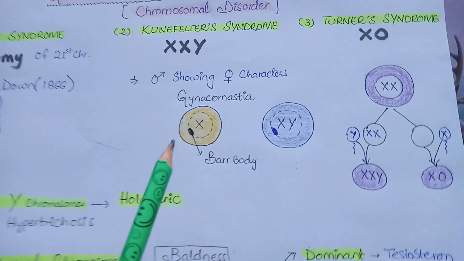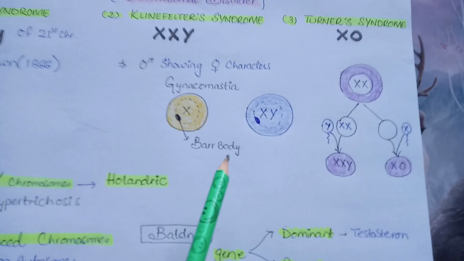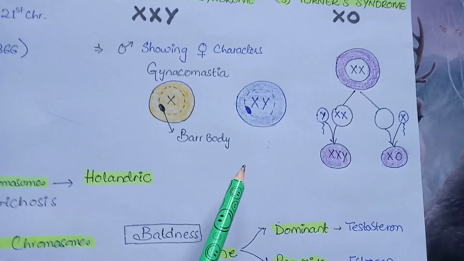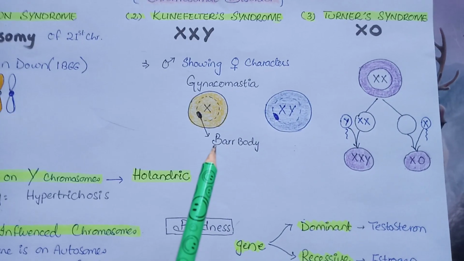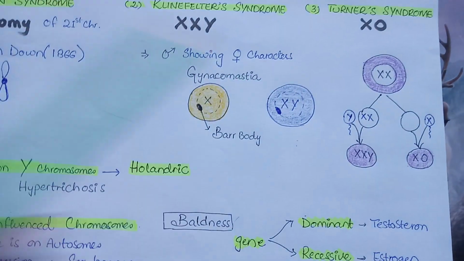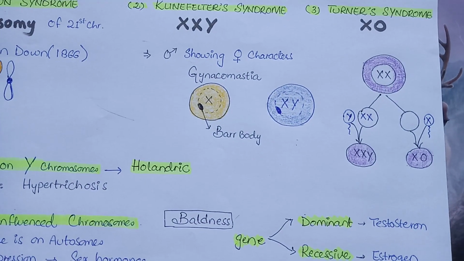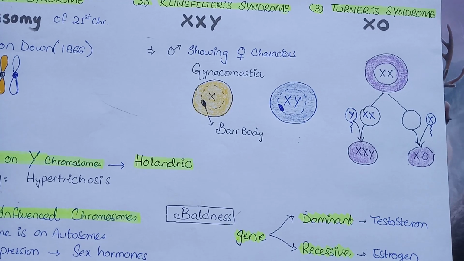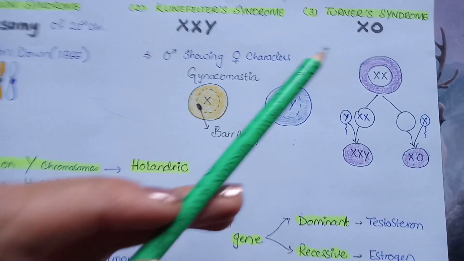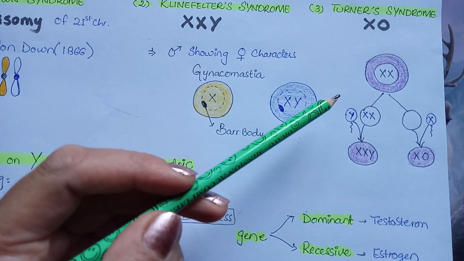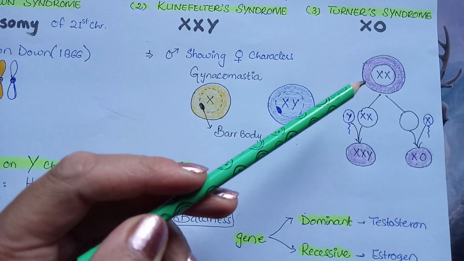Thirdly, we will discuss Turner syndrome. In Turner syndrome, we usually see that there is also non-disjunction. The genetic makeup of an individual is X0, as you see, X0.